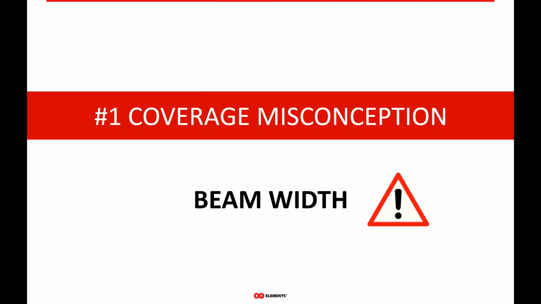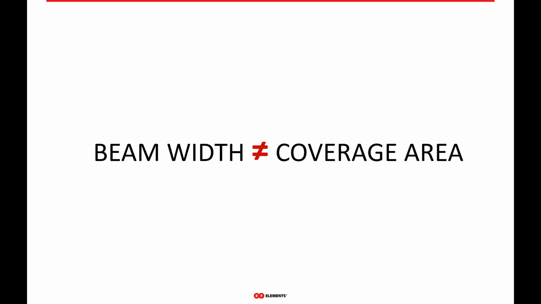But before we go into the details of coverage, it would be useful to debunk some of the misconceptions about what users think coverage is or isn't, which is what we'll look at in the coming slides about beam width and coverage area. Beam width isn't the same as your coverage area.